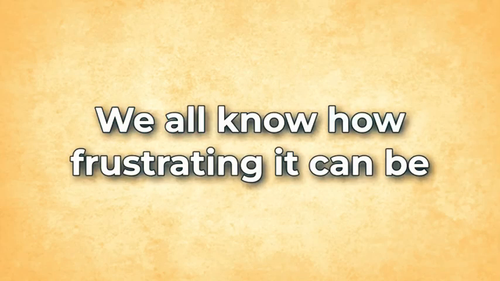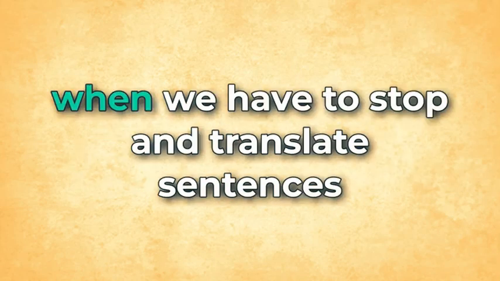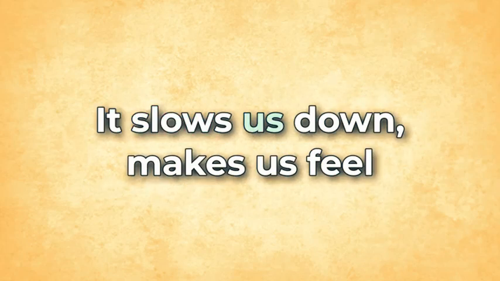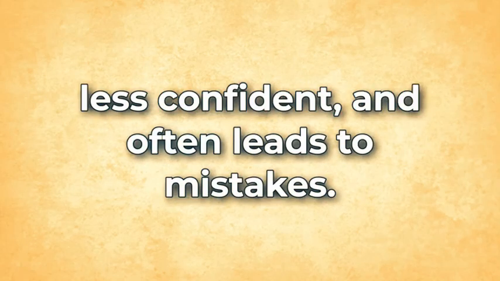We all know how frustrating it can be when we have to stop and translate sentences from our native language into English before speaking. It slows us down, makes us feel less confident, and often leads to mistakes.